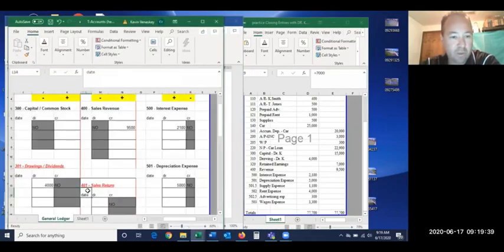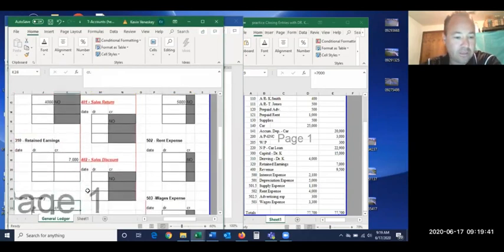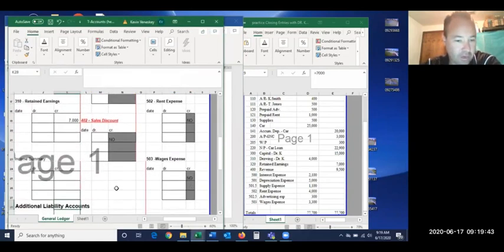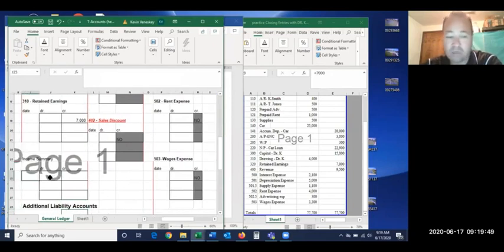That goes right below your retained earnings, or you can put it right below the sales discount if you don't have enough room. Income summary right now is nothing. There is no income summary on our T account or in our trial balance, and there shouldn't be. We're never going to have income summary on our books for more than just a few minutes, because we're going to put stuff in and then take it right back out.